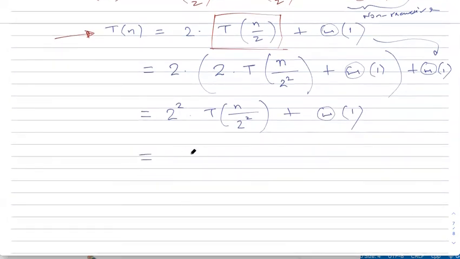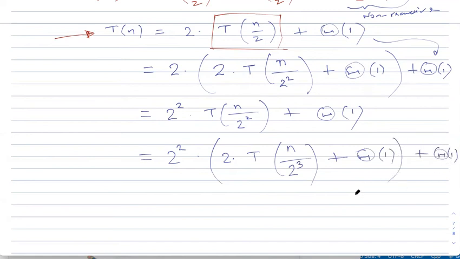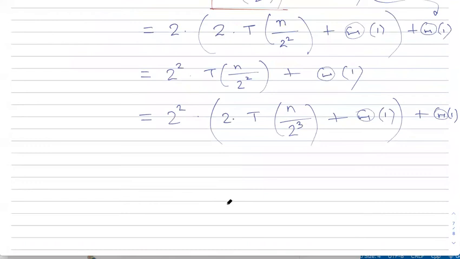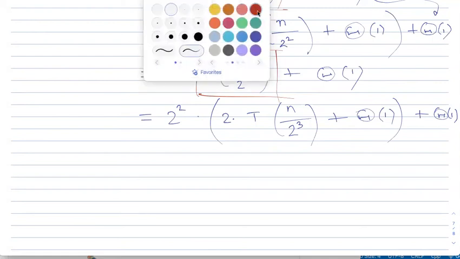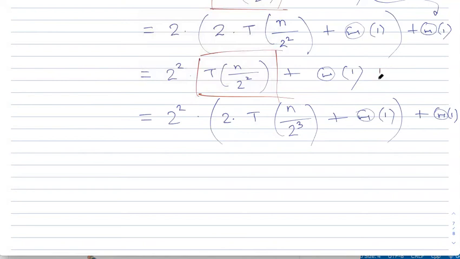Okay, what's the next step? Same thing. I can do one more time. I can go 2 times T of n by 2 cube plus order of 1 plus order of 1. Here at this step I have expanded this guy, but I forgot to put order of 1 here, which corresponds to this.